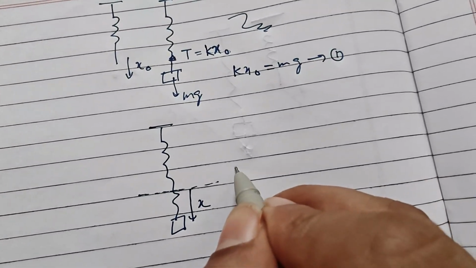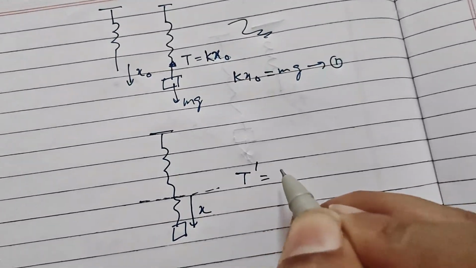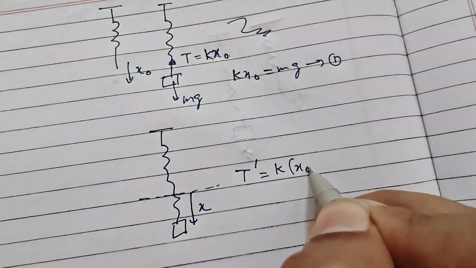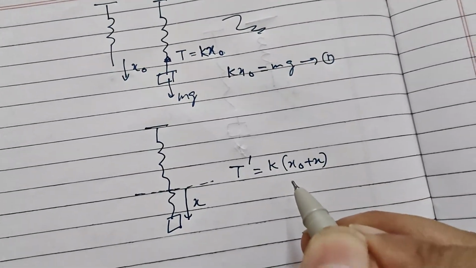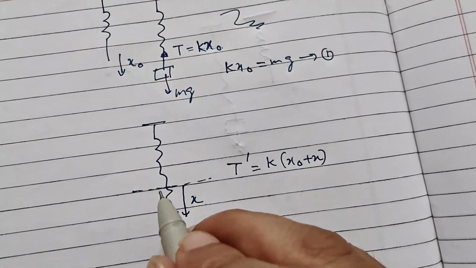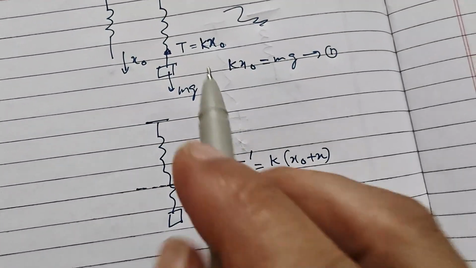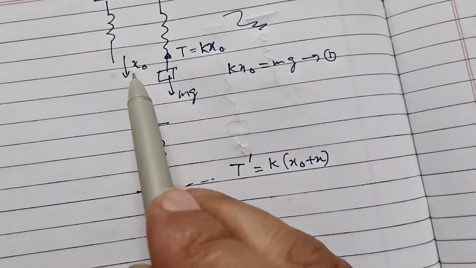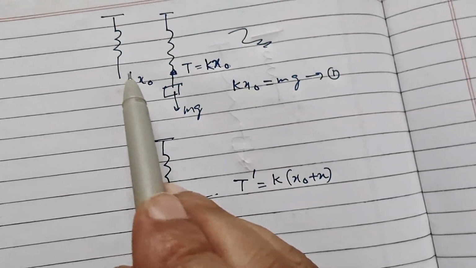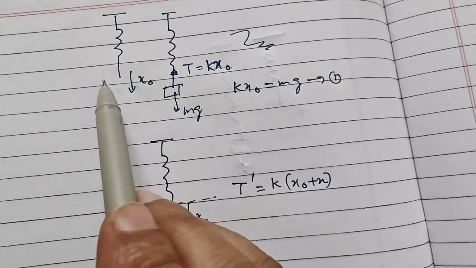So the tension force now will be k into (x naught plus x), because tension is spring force here and spring force is k into extension. Here extension was x naught from its relaxed length. This is called relaxed length.